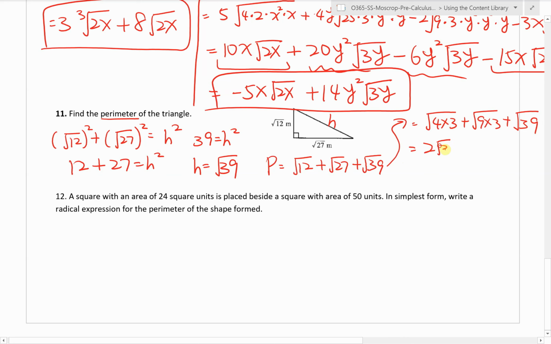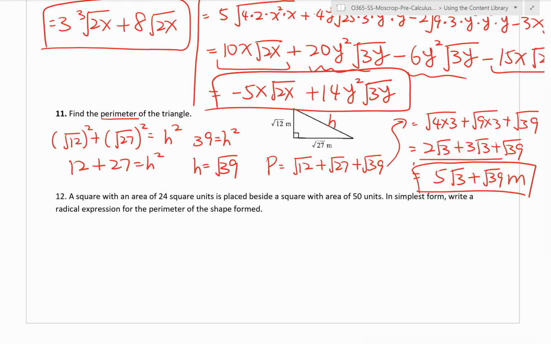So this is 2 root 3 plus 3 root 3 plus root 39, which again, like terms, add them together, 5 root 3 plus root 39. This is the perimeter. Meters, don't forget your unit. There you go. Always keep in mind your unit.